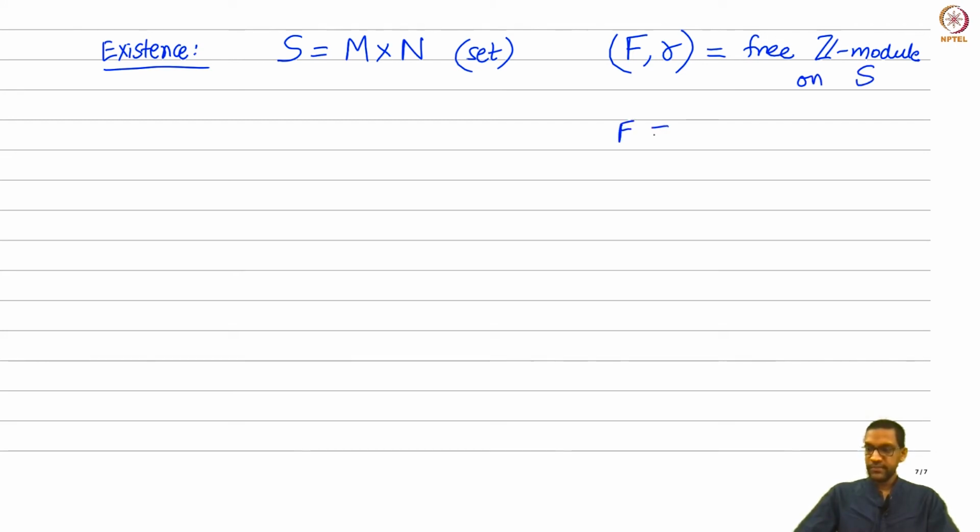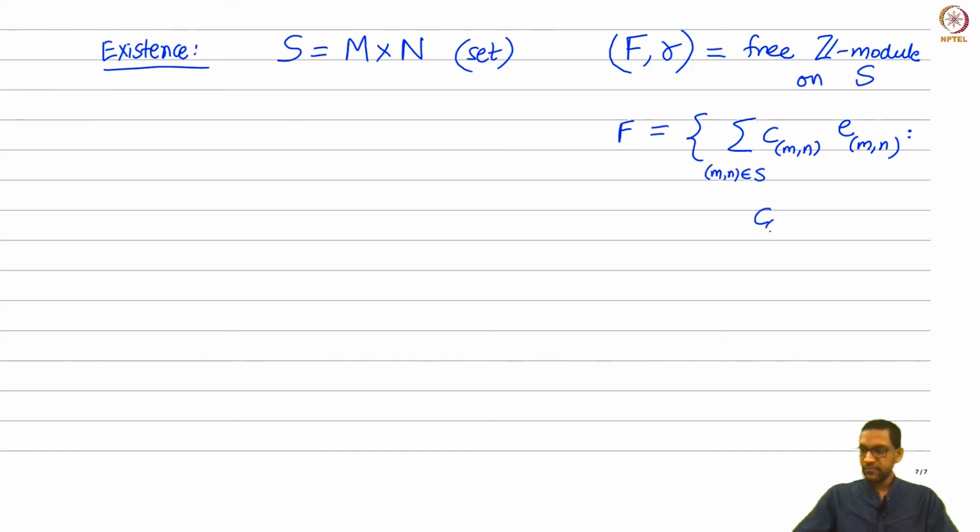Well, that just means the elements of F look like linear combinations, if you wish, of the form sum c_mn e_mn. Now the mn's come from the set S, meaning from the cross product.